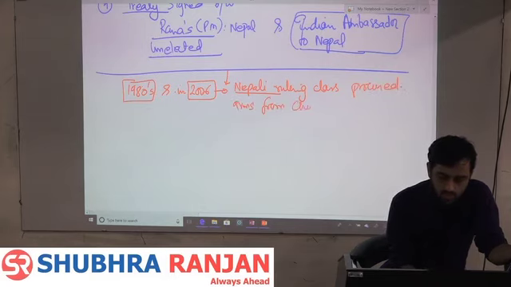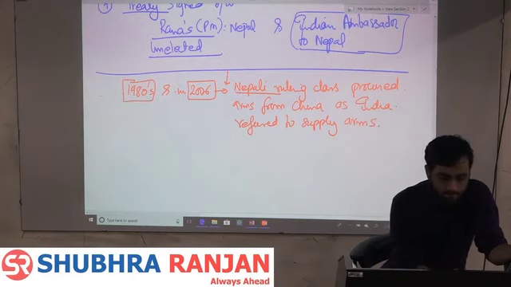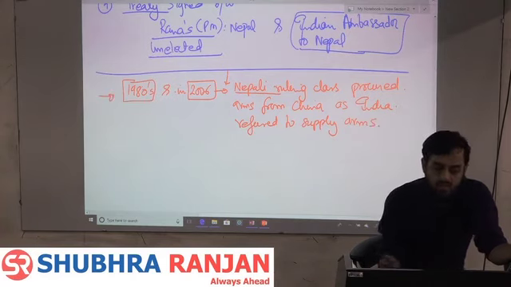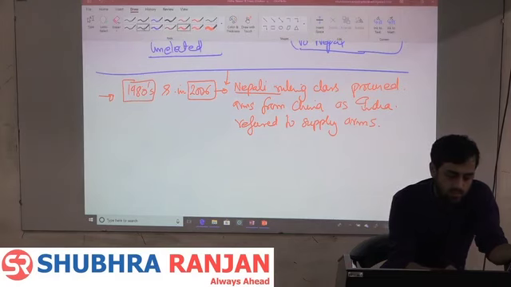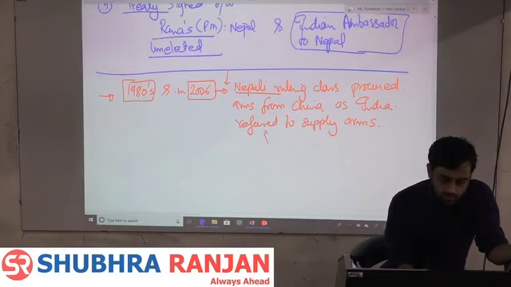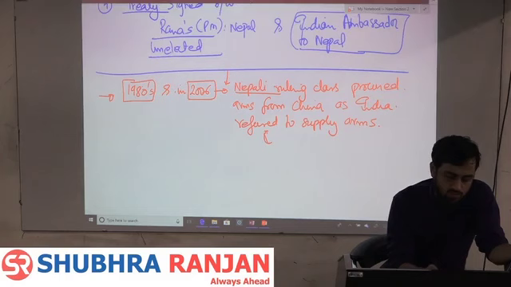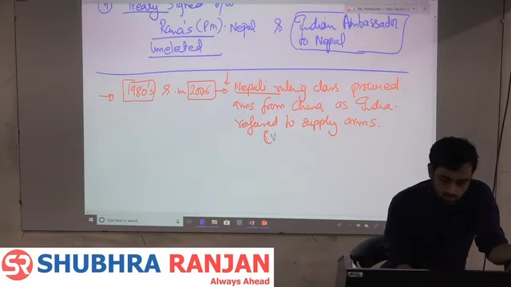China. As India refused to supply arms, which is very easily a violation of the treaty. Okay, which is actually a violation of the treaty also.